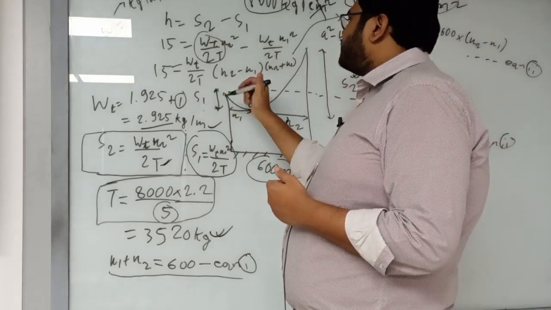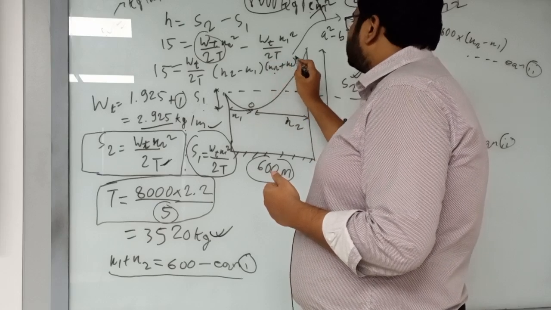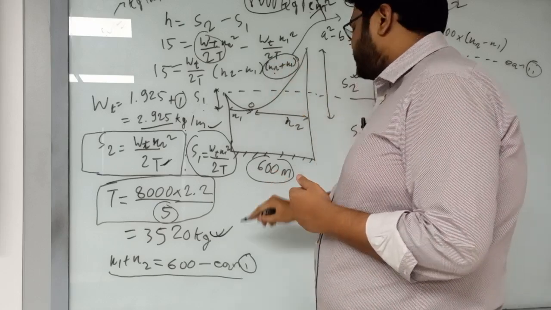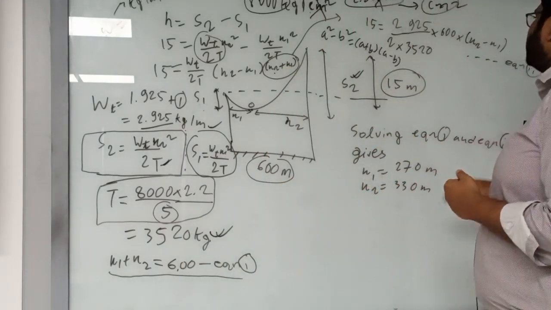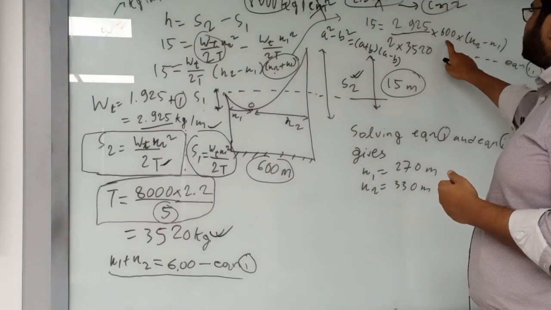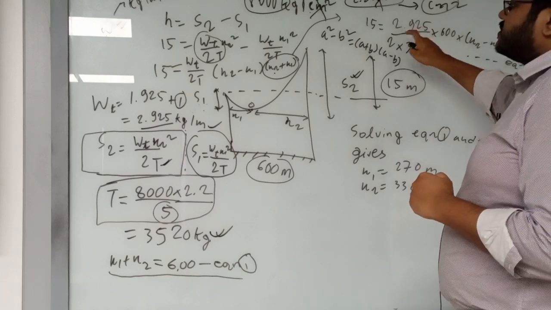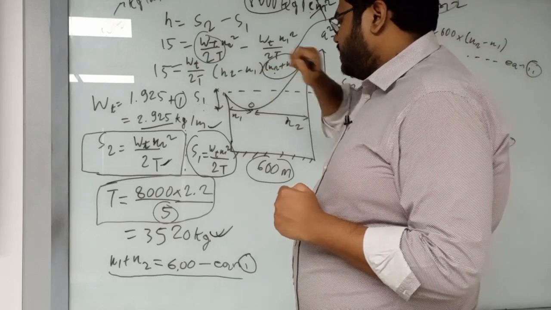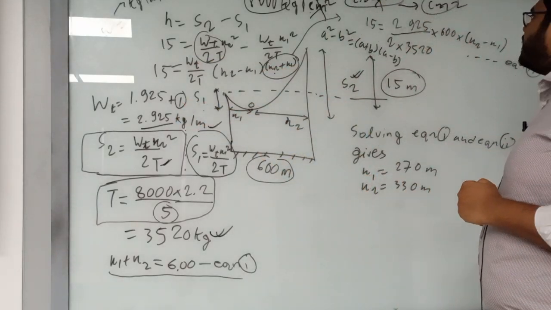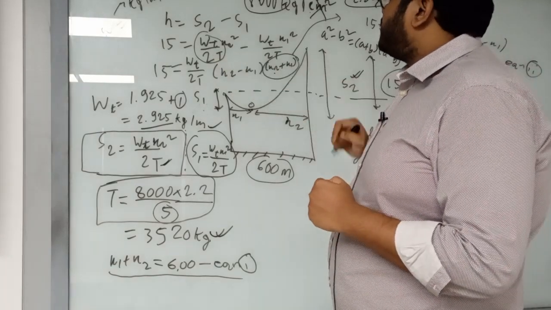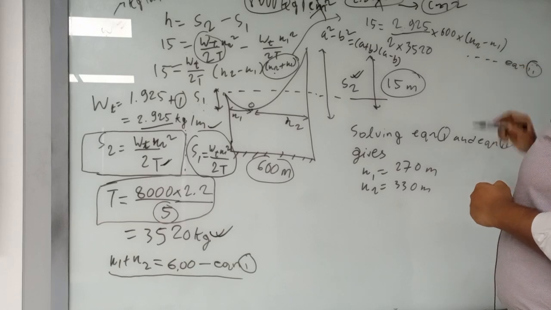From here, x2 plus x1 is equal to 600, so we have written 600, and x2 minus x1 we have to keep like this. Wt is 2.925, and 2 multiplied by T. This is equation 2.